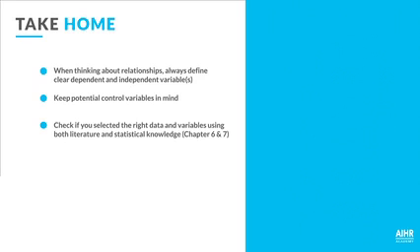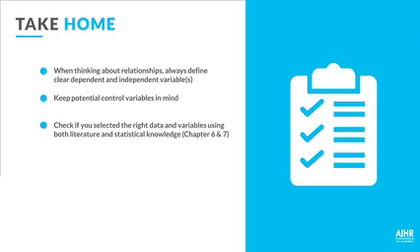And lastly, check if you selected the right data and variables using both literature and statistical knowledge. We have chosen to include some statistical knowledge in this course and to give you some statistical insights. But of course, we cannot teach you in 8 weeks the full set of statistical tools and statistical knowledge that you need. So check in literature which variables are relevant, because a lot of research has been done on, for example, employee turnover, on absenteeism, on all kinds of HR-related problems that you might run into and might want to analyze using HR analytics.